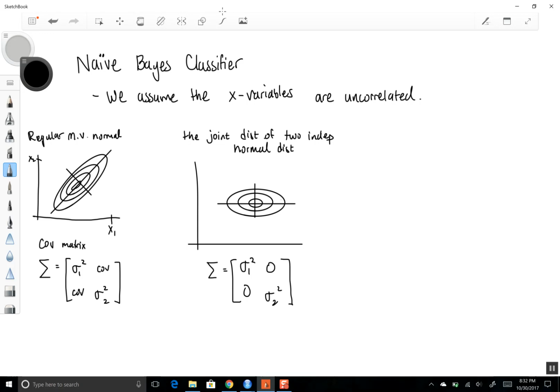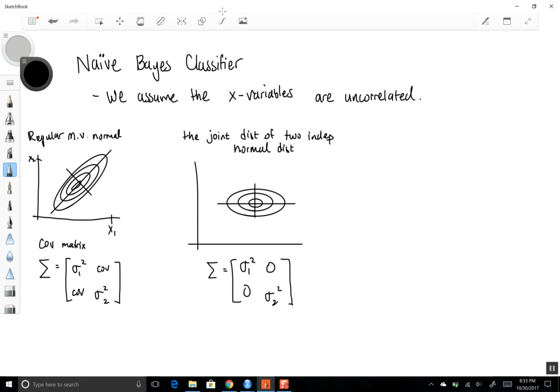If we cut the slice right here, we are equally likely to have large values as small values of x2. That's what it means for our x variables to be uncorrelated. And if we have more than 2 x variables, then everything is uncorrelated.